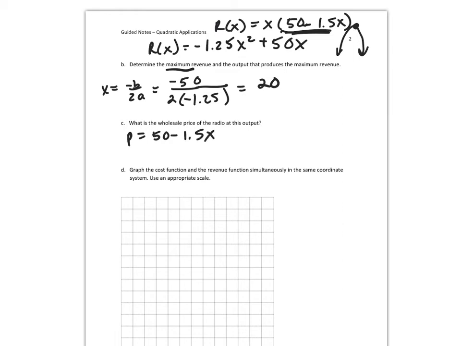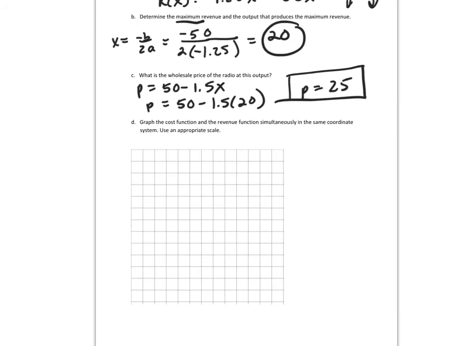Remember, revenue is defined as X times P. So now I want to plug in 20, because this is what is the wholesale price of the radio at this output being 20. 50 minus 1.5 times 20. And I use my calculator, and I got a price of 25.